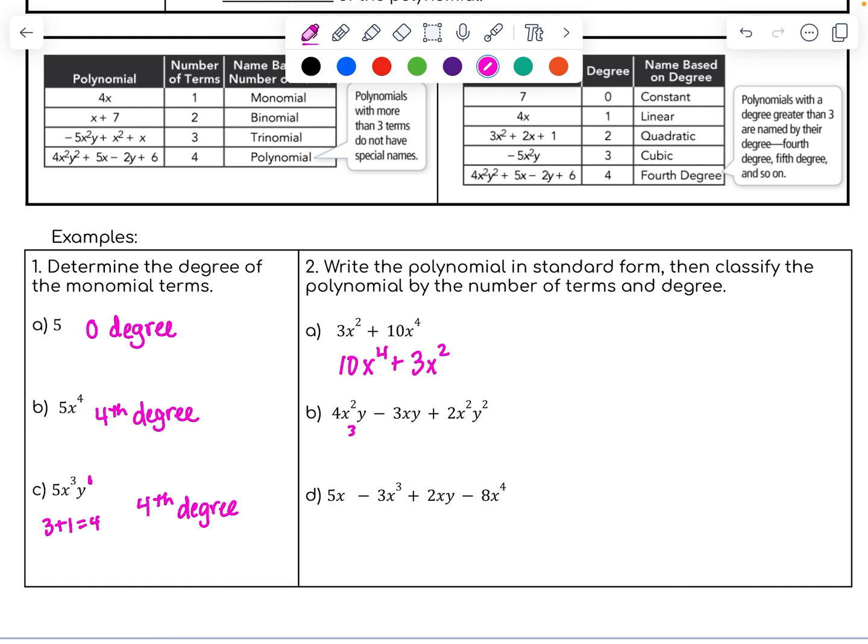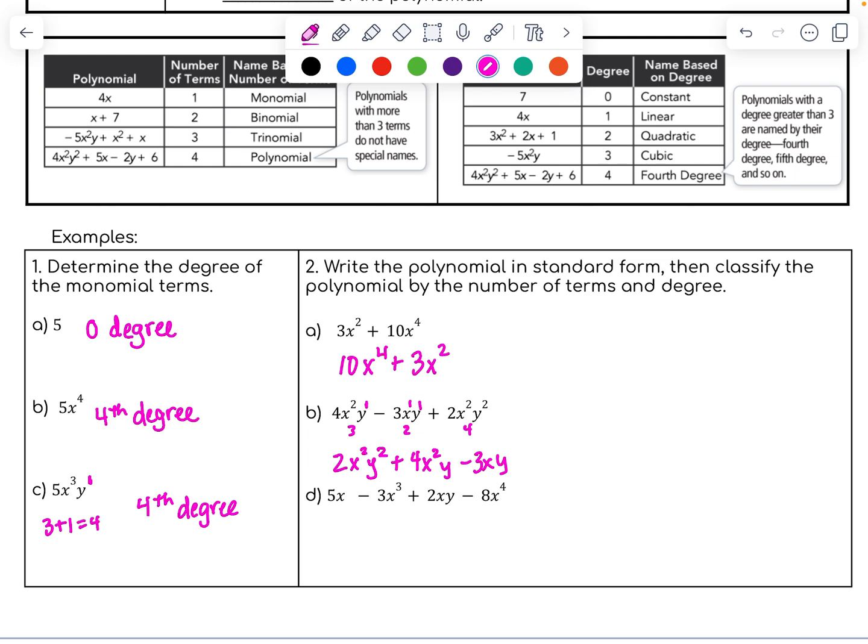This one has 3 because 2 plus 1. This one is 1 and 1, which makes 2. And this one is 2 and 2, which makes 4. So that is our largest degree, so that's going to be our first one. So we got 2x squared y squared plus 4x squared y, and then minus 3xy. That would be our standard form of that polynomial.